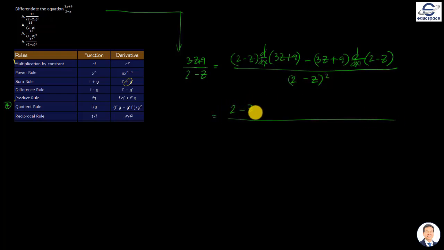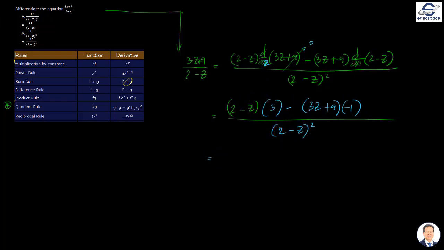The derivative of a constant is normally taken as 0, and the derivative of 3z is 3. Minus 3z plus 9, and the derivative of 2 minus z is basically negative 1, over the square of the denominator.